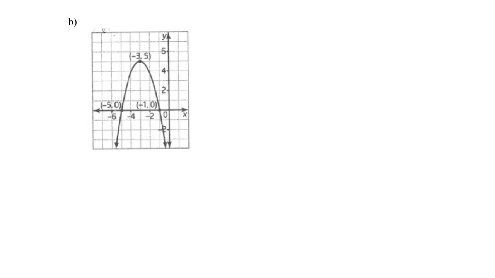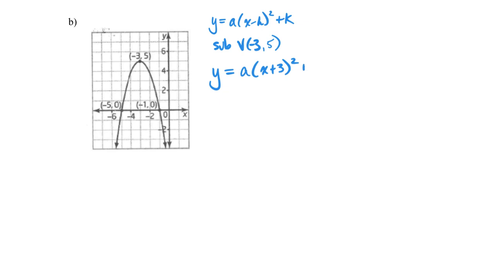Okay, we're back. So if I went to tackle this the exact same way as what we just did, which is what I would anticipate given our walkthrough on problem A, you could start from vertex form. I see my vertex, and I could sub in that vertex of -3, 5. So my parabola pretty quickly becomes that.